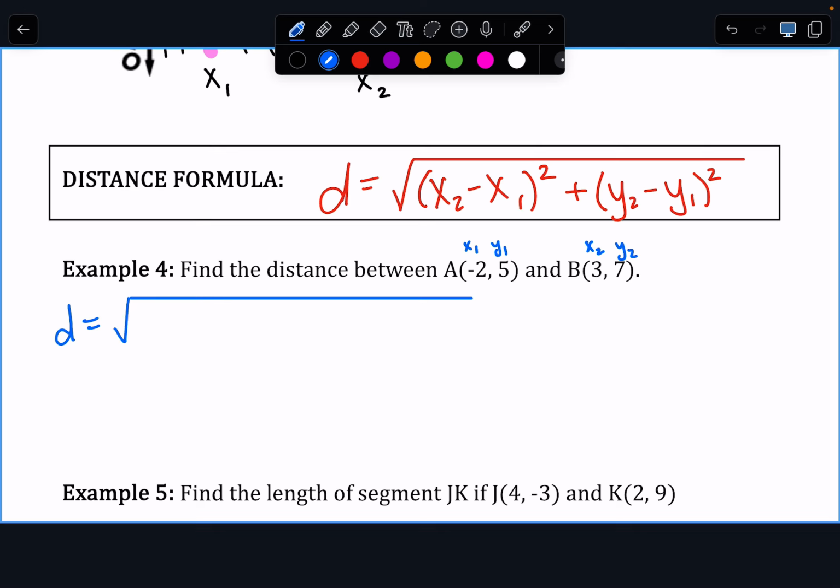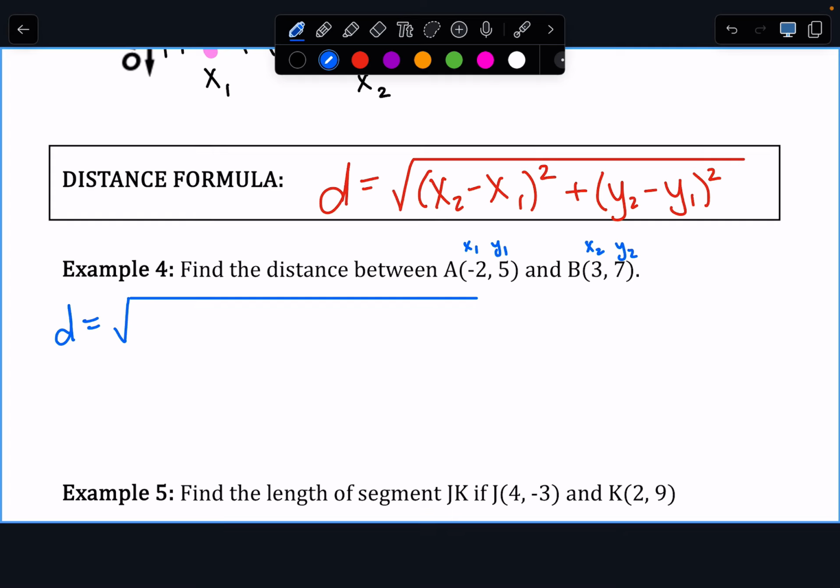What does the 1 and 2 matter? It actually will not because we're squaring it. So whether I take 3 minus negative 2 or negative 2 minus 3, both of those squared will get us the same thing. So it doesn't matter who's the first coordinate versus the second coordinate. As long as we're consistent, we're going to be okay.